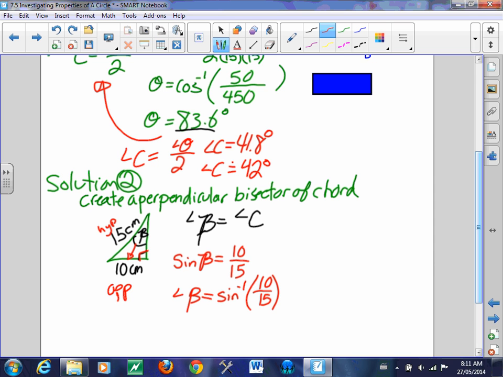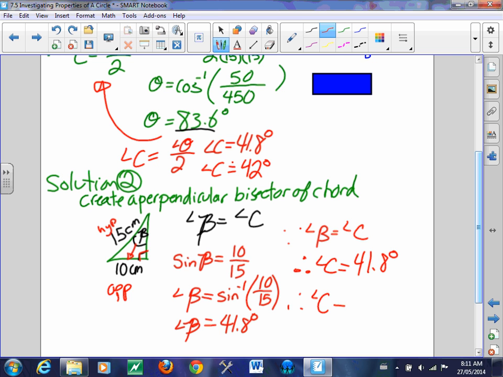Plug it in your calculator, folks, and angle beta equals 41.8 degrees. And remember that since angle beta equals angle C, therefore angle C equals 41.8 degrees. Then you can round it to approximately 42 degrees.